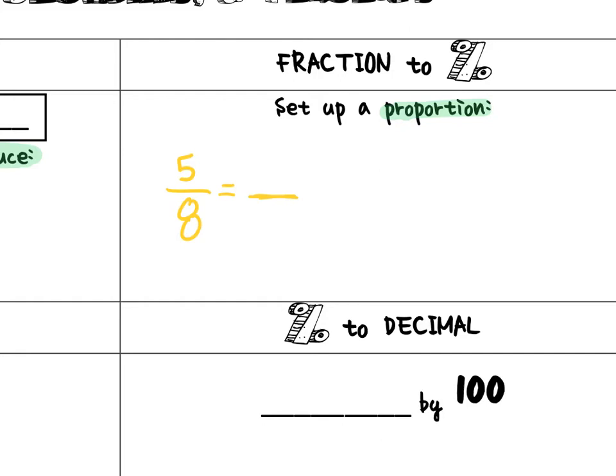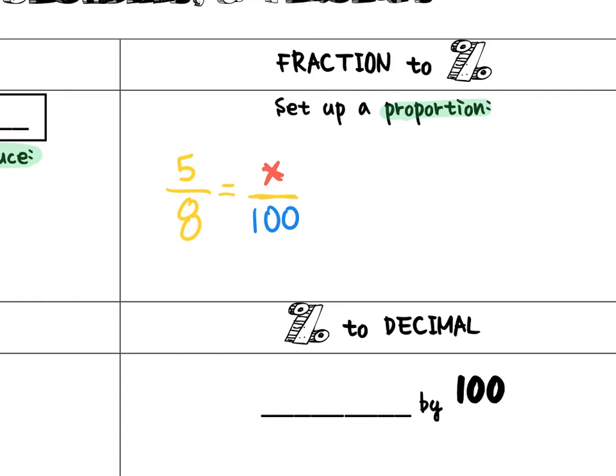Well, we know if we had a percentage as a fraction, it would have to be over what? 100. So when you set up proportions to make percentages, it's always going to be the fraction equals blank, which here we will call x, over 100.